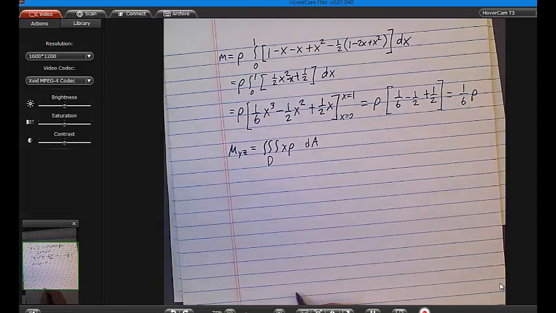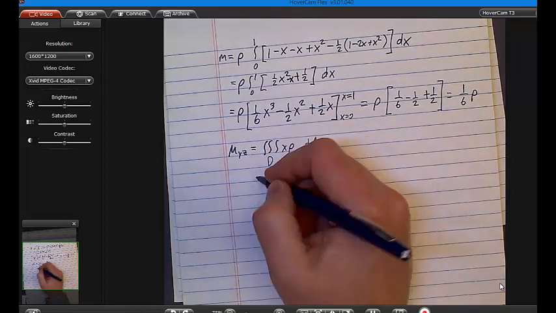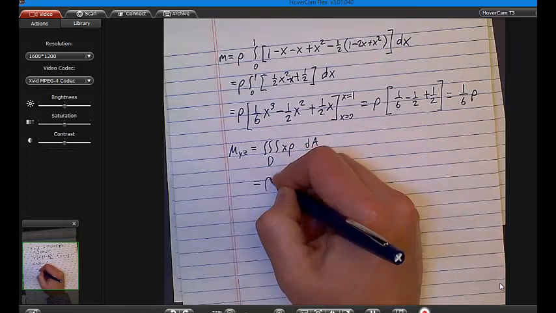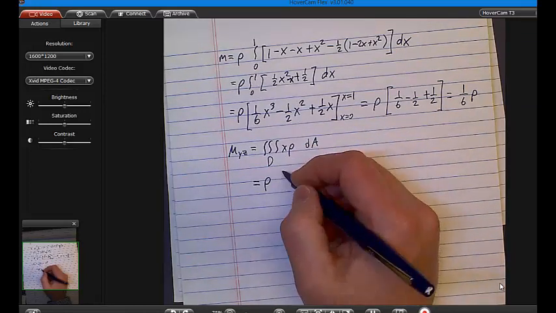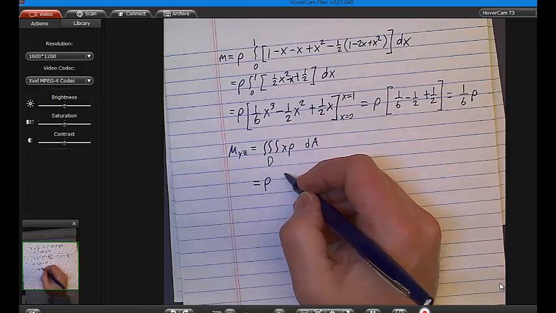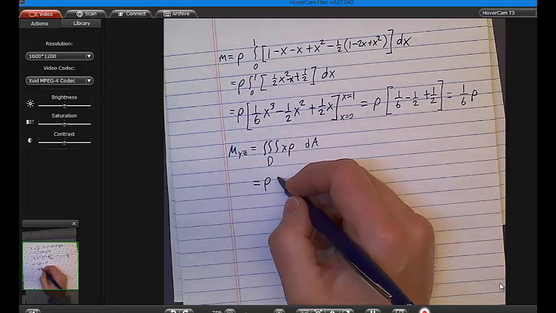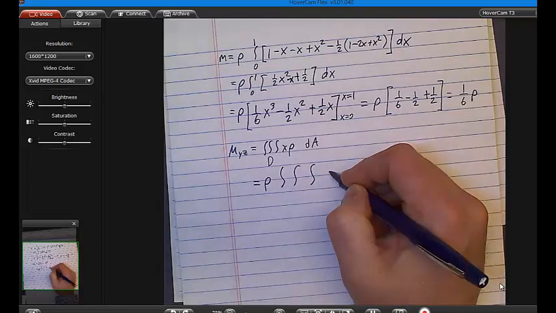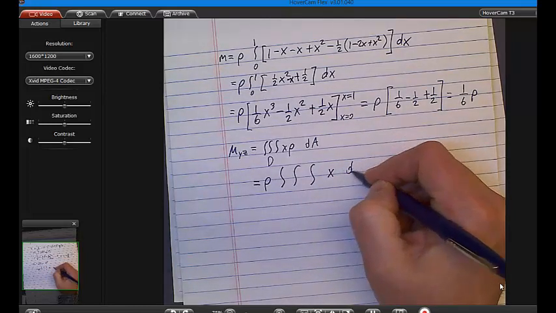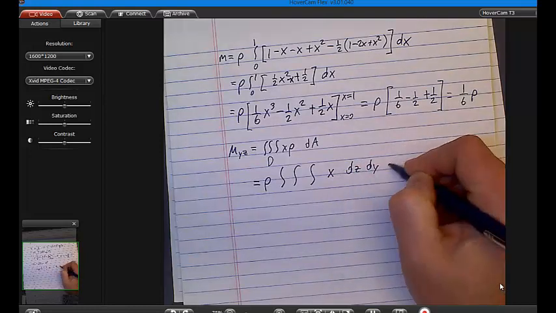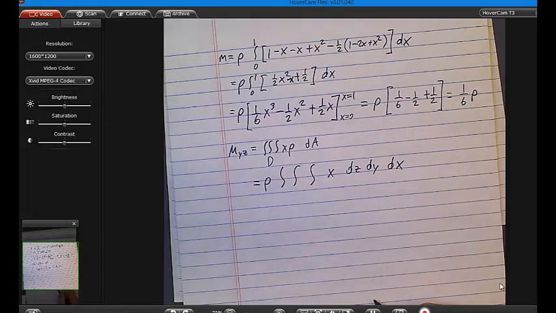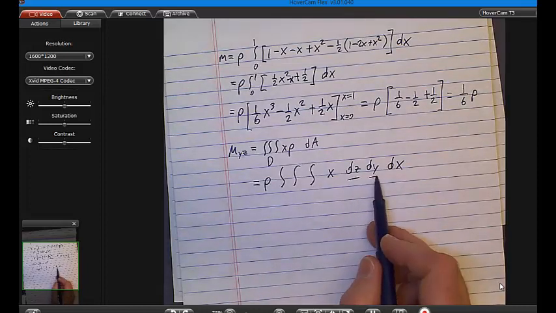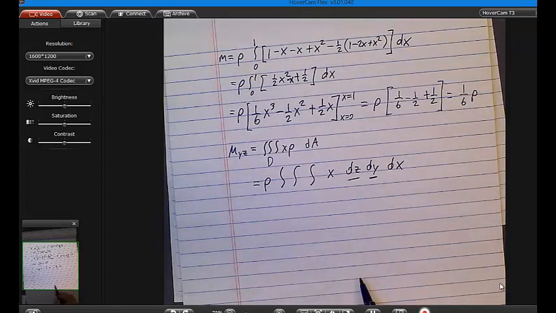So this is not going to be so bad because we're going to take the rho out, and so all we really need is the triple integral of x, and if we go dz, dy, dx again, okay, guys, for the first two integrations, we're treating x as a constant, right?